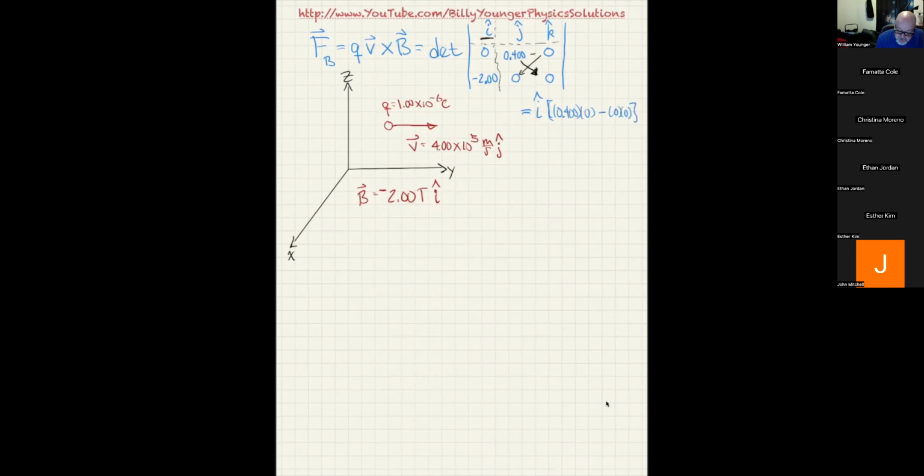Okay. Now I do the next item. This time I'm going to expand on J. That means that this column and this row are off bounds.